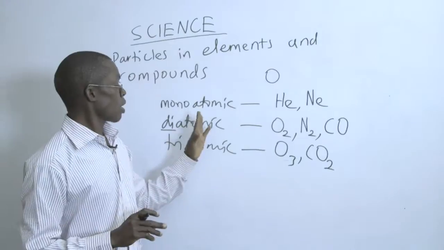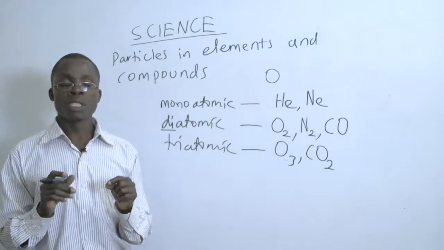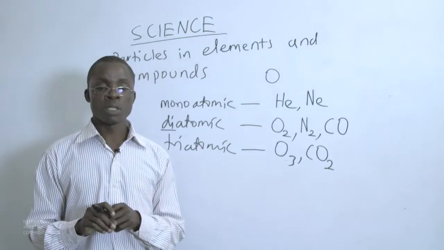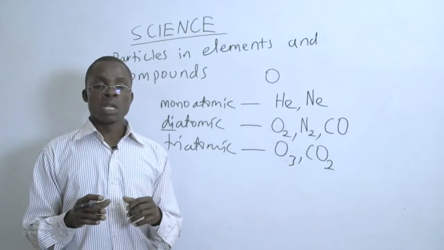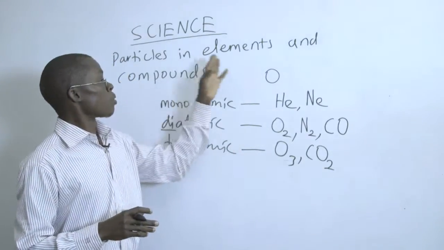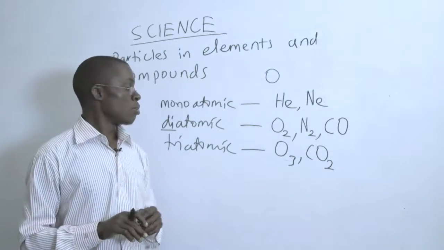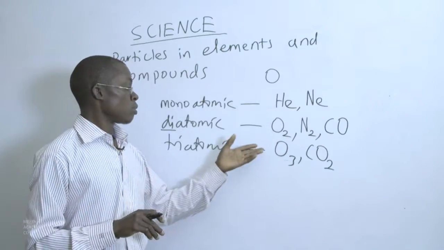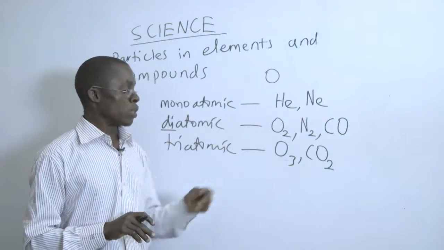So what we are talking about here is atomicity of gases, which is important to be understood before we proceed with our topic, because in one way or another we shall have to go through all of this.